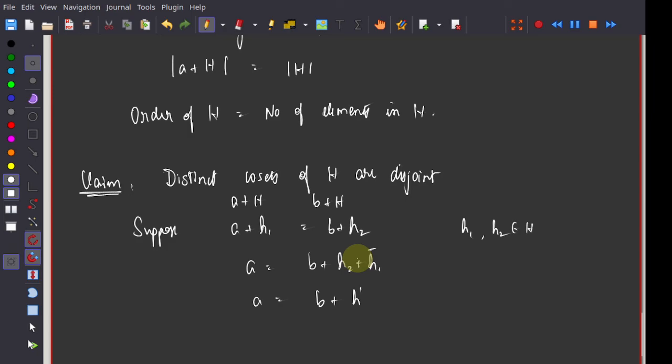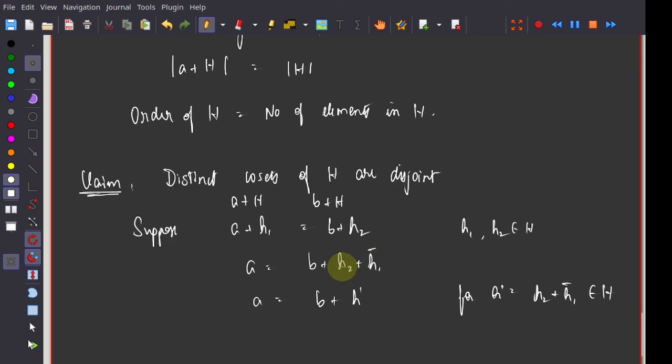So basically I'm adding the inverse of H1 on both sides. So I get A plus H1 plus H1 bar equal to B plus H2 plus H1 bar. H1 plus H1 bar is the identity, so A is equal to B plus H prime, where H prime is equal to H2 plus H1 bar, which is in the subgroup.